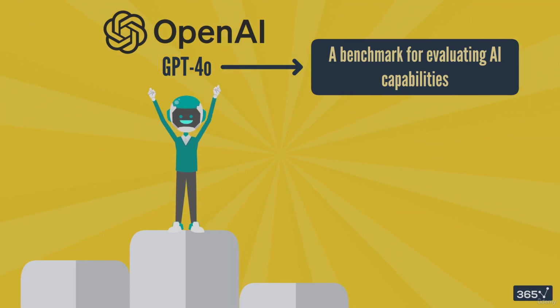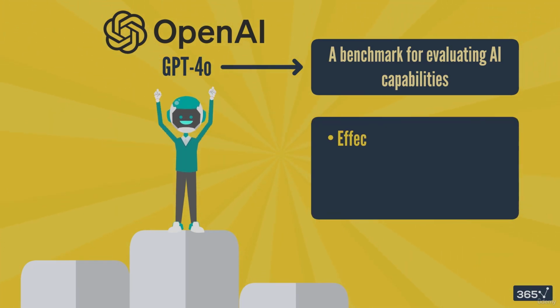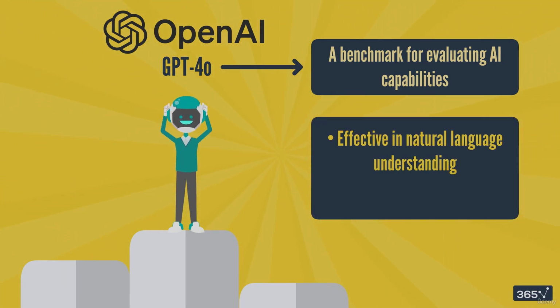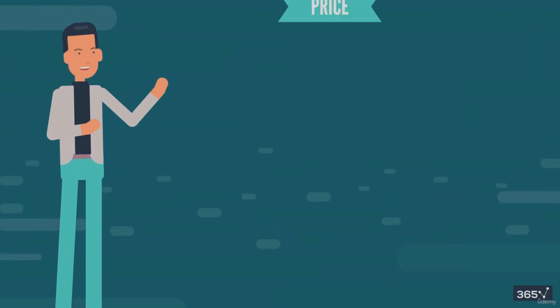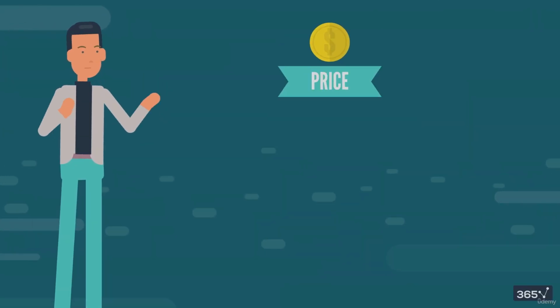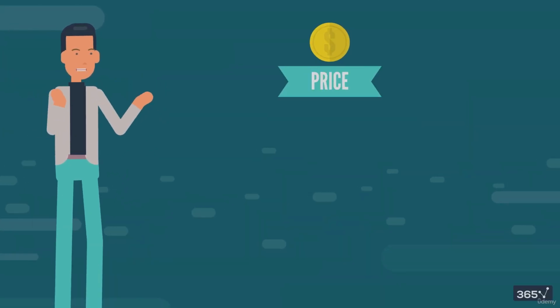While GPT may not necessarily outperform every other LLM in all aspects, its versatility and effectiveness in natural language understanding and generation make it an excellent choice for our needs. Another significant advantage of using OpenAI is its variety of models, allowing us to select the most suitable version for different use cases.